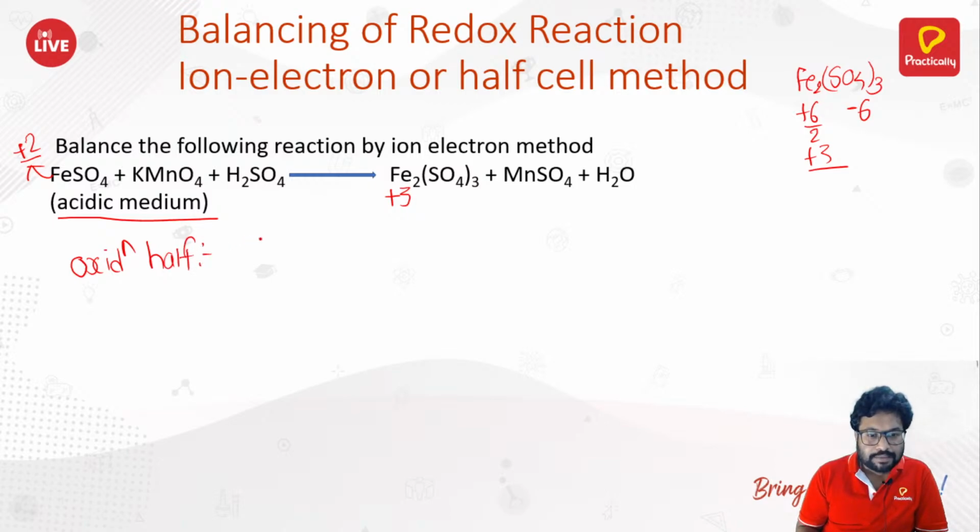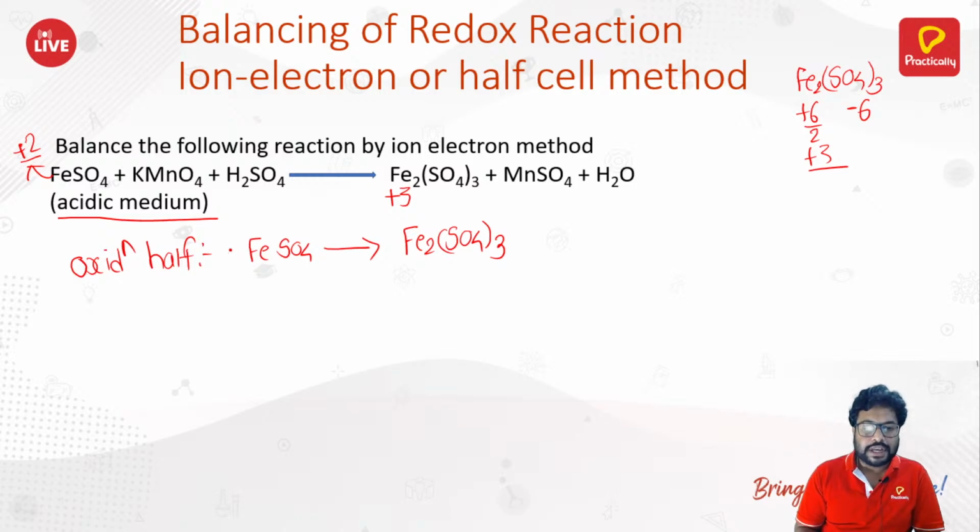How is the oxidation half? FeSO4 is giving me Fe2(SO4)3. You can clearly see there are 2 irons here, and there's only 1 iron there. That means we need to take 2 FeSO4. So each iron is going from +2 to +3, an increase in oxidation state.